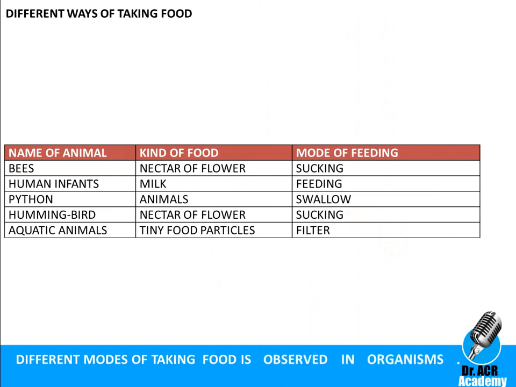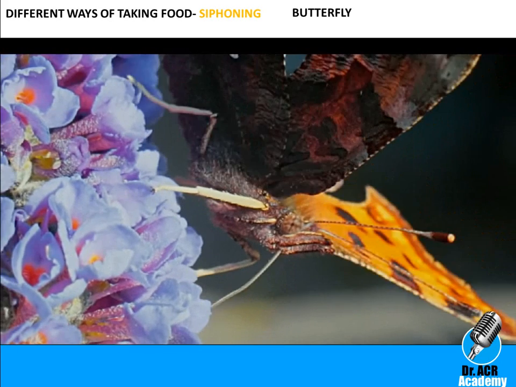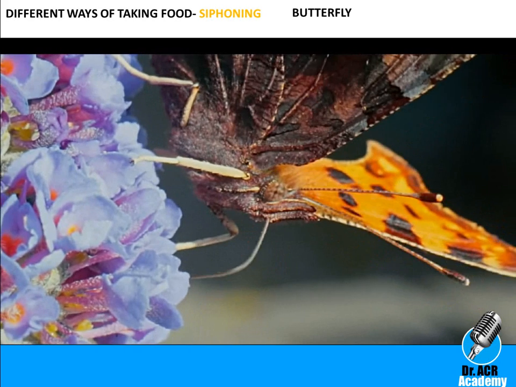Different modes of taking food are observed in organisms. One of the ways is siphoning, which is seen in butterflies and moths.